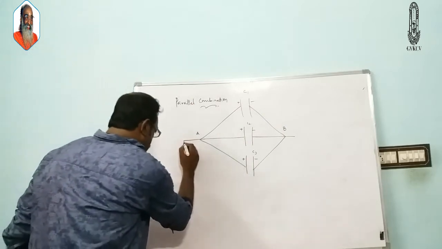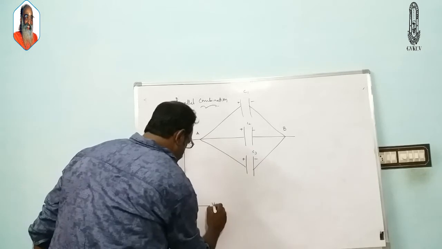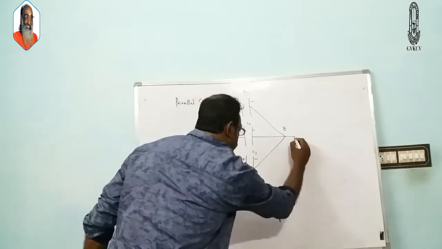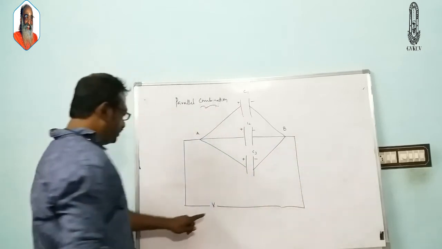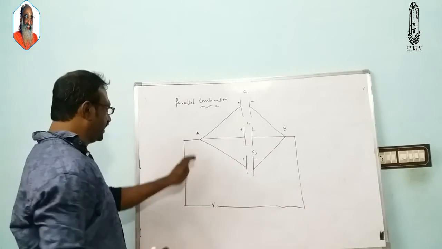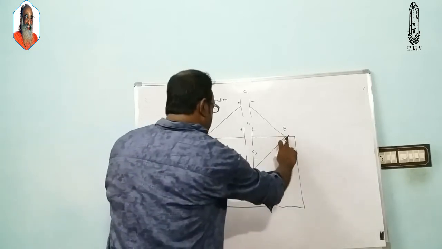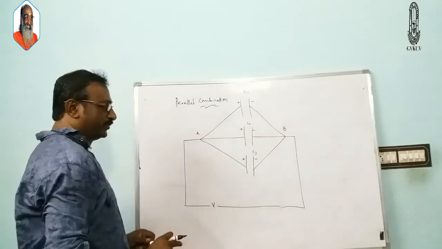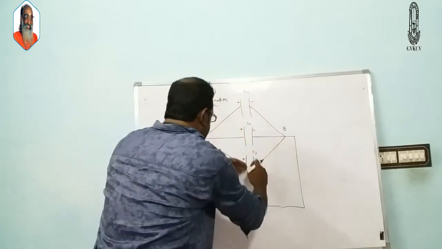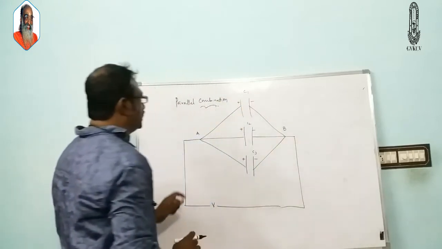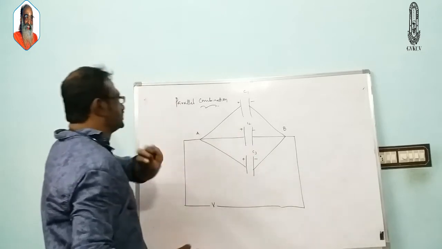I am going to connect it to a source which provides the potential difference V. So if it provides potential difference V across points A and B, and because all the capacitors are connected to the same points, their potentials also remain the same.